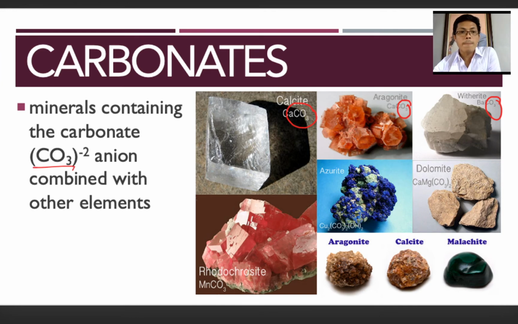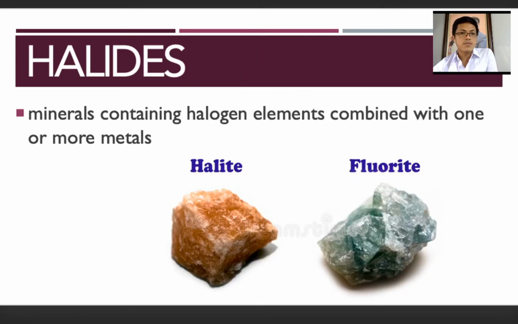A special property of calcite is that if you put drops of acid, it will fizzle or form bubbles. Calcite also has double refraction. Then we have halides, minerals containing halogen elements combined with one or more metals.